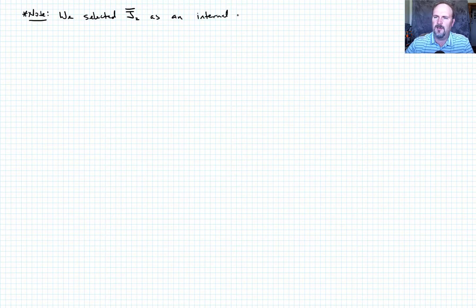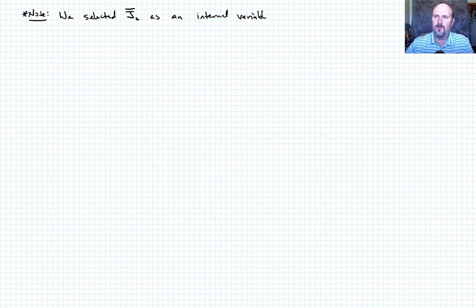I want to note that we just chose J2 bar for convenience of writing our yield function, okay? So we selected J2 bar as an internal variable, okay?